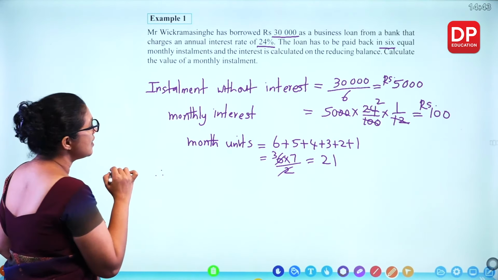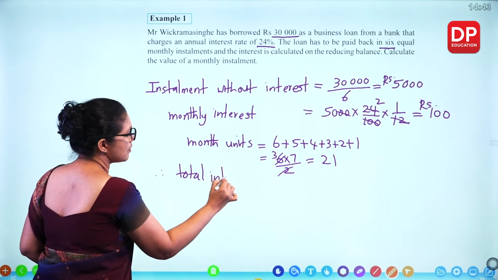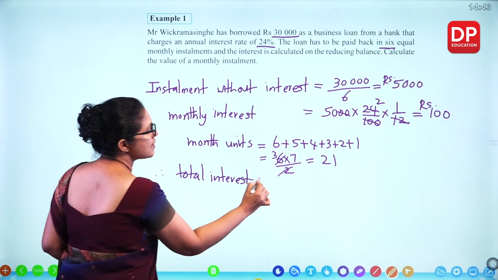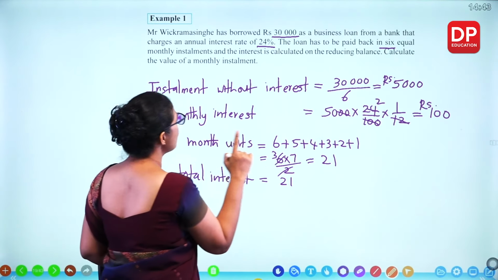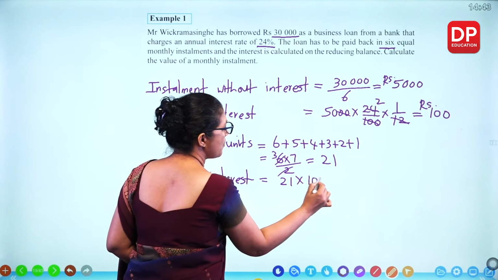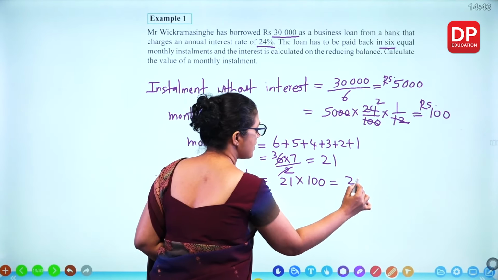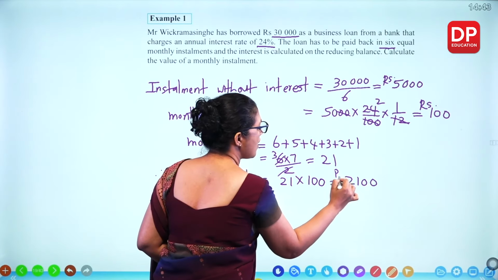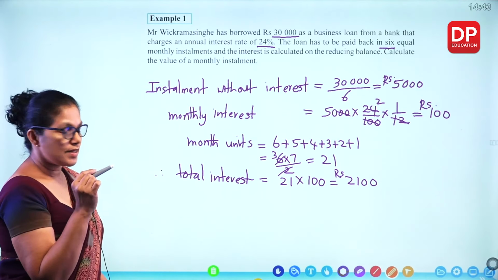So what's the total interest? Total interest is 21. That's month units. Each month 100 rupees. So 21 into 100, 2,100 rupees. That's the total interest.